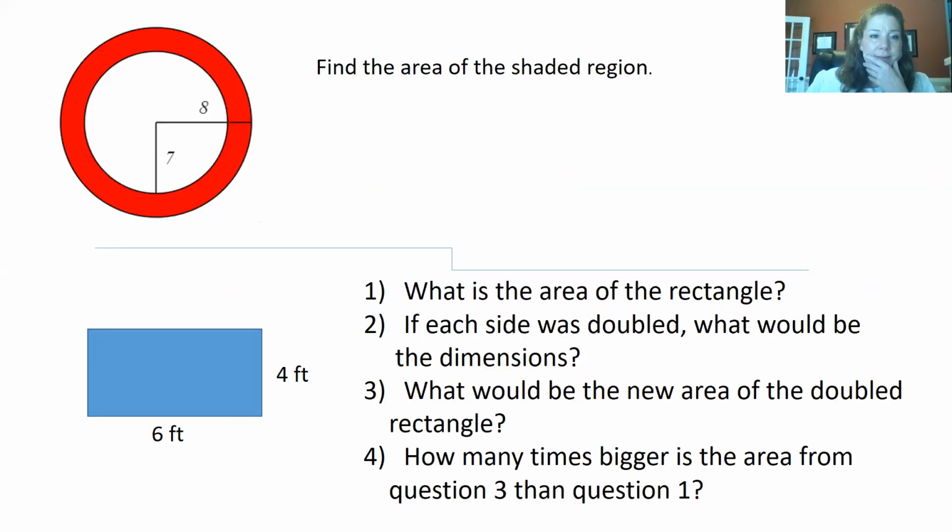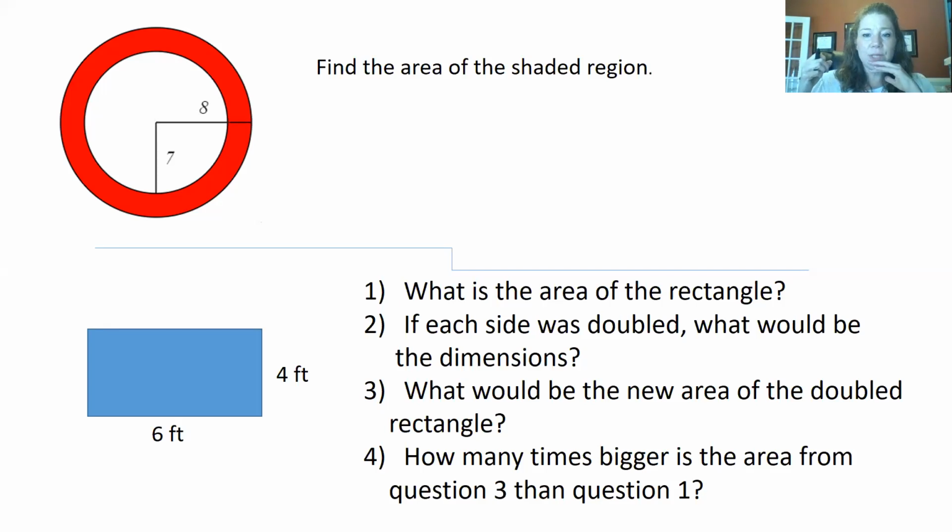So here we have a circle, a big circle. And basically, if you imagine the middle part is a white circle, right? So we have a big red circle and they took out the section that looks like a white circle, okay?